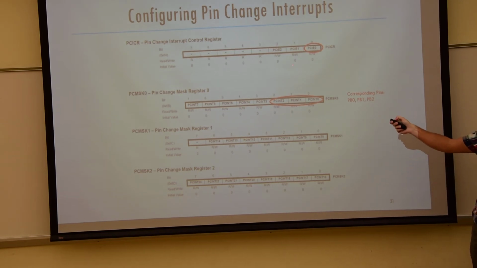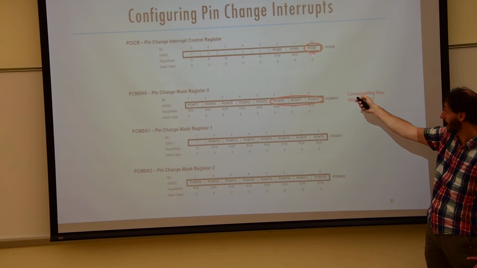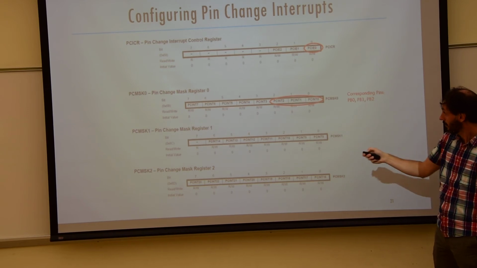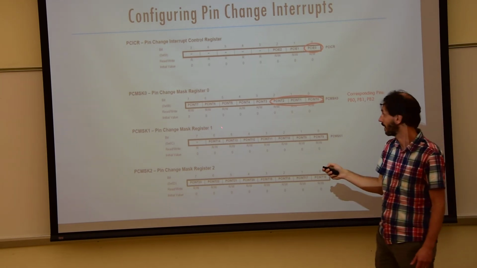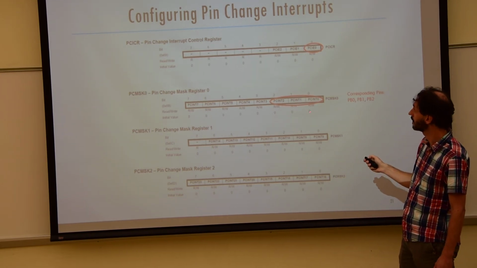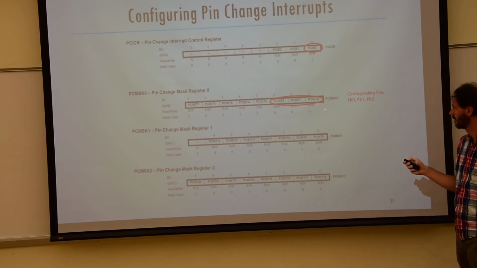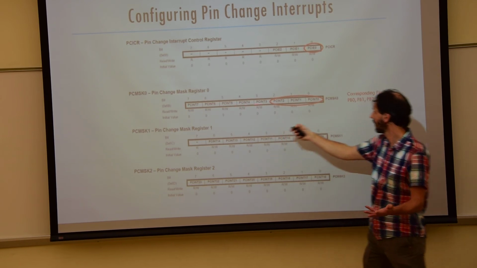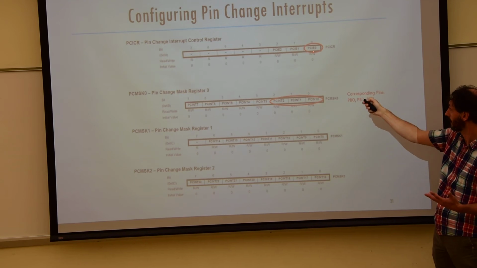For the pin interrupts, we see the same. I can, for example, enable PCI0, and then I also indicate which of those pins I would like to program to trigger this particular interrupt.